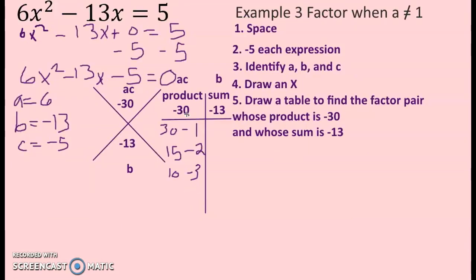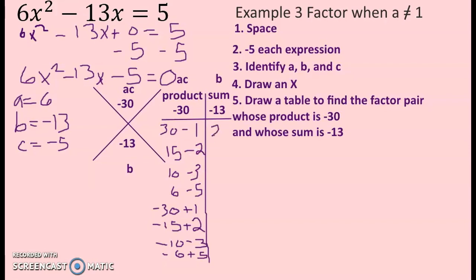Negative 4 doesn't work because it doesn't go into 30 evenly, so let's skip to 5 and negative 6. Then we do the opposite, so negative 30 and positive 1. If you're able to find the sum without having to write every single factor pair, that's fine too. I'm just showing you every single combination.